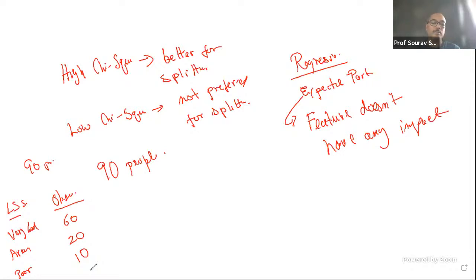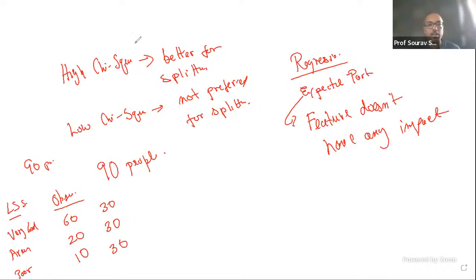But the expected one is based on the assumption that it is immaterial whether you attend or not, so you have an equally likely chance of getting all three. The expected would be 30 here, 30 here, 30 here: the 90 people divided equally between these three classes. And then when we calculate the chi-square values, the chi-square value will determine whether attending the LS sessions had any impact or didn't have any impact.